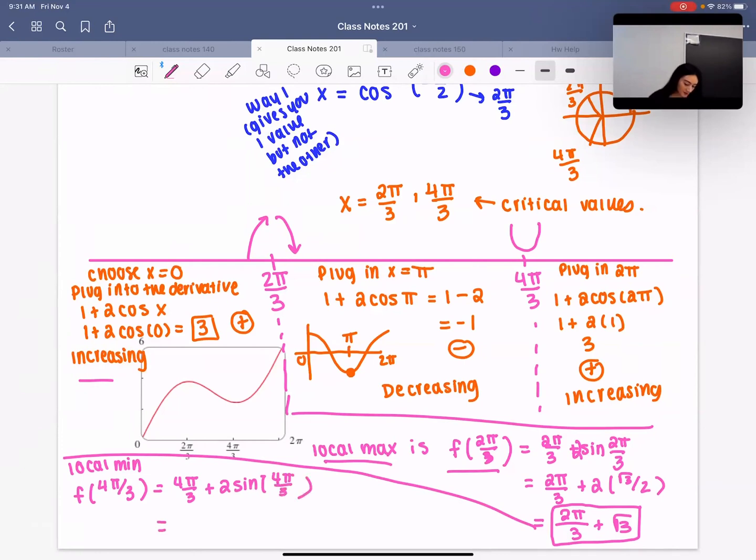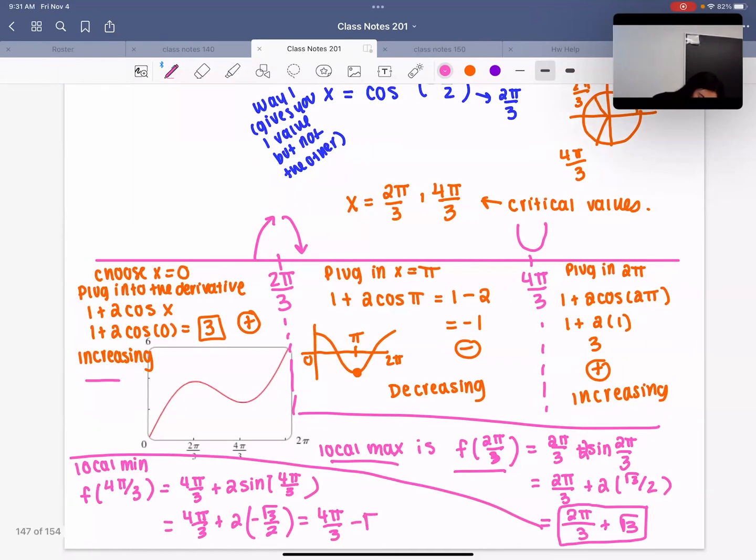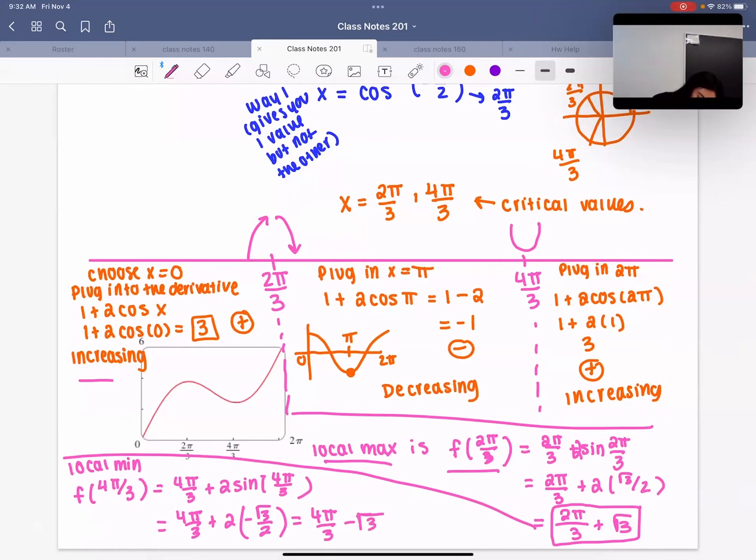Here's where we've got to think a little bit. What's the sine of 4 pi over 3? Negative √3/2, good. So plus 2 times negative √3/2. So this would be 4 pi over 3 minus √3. Okay, so that is my local minimum.